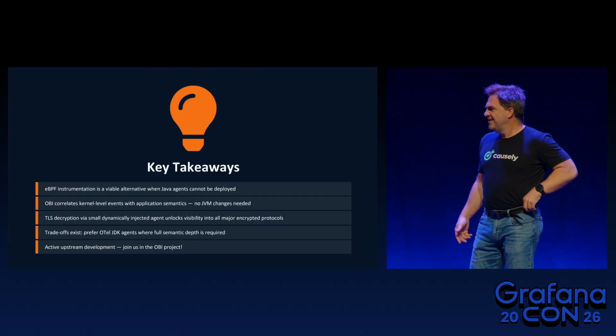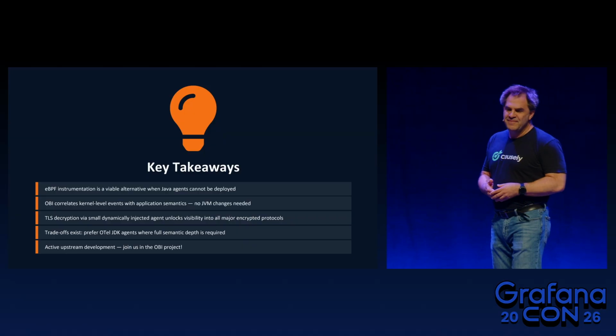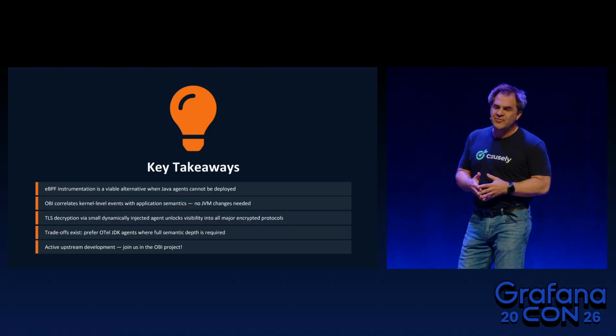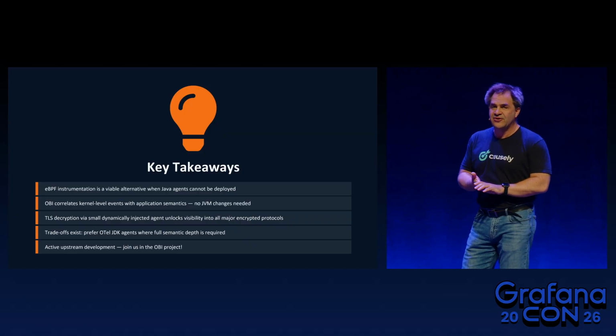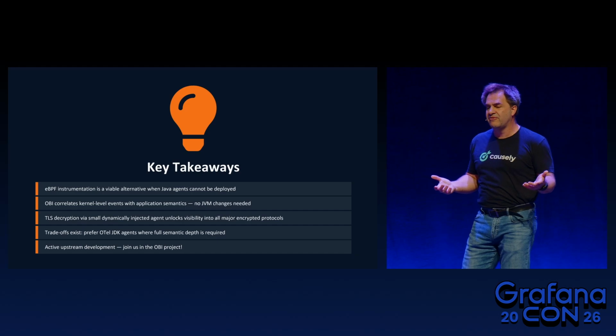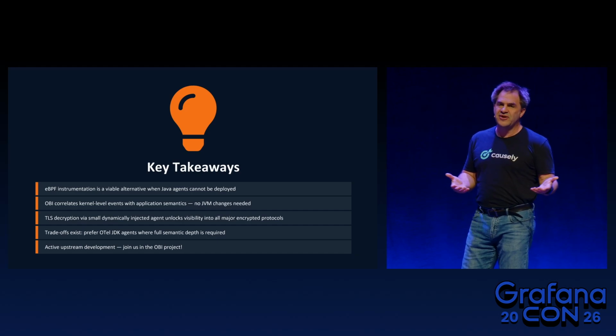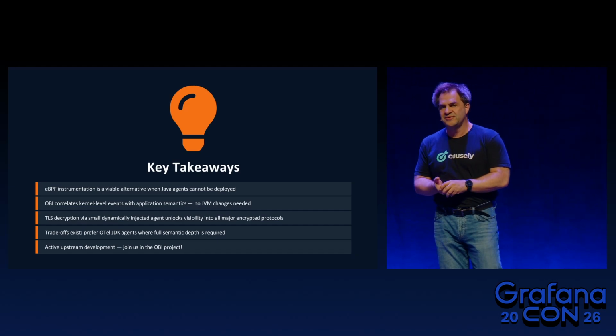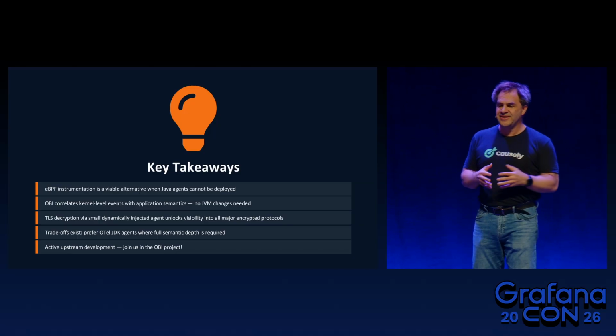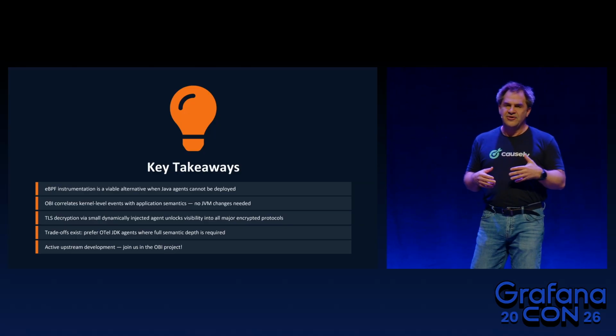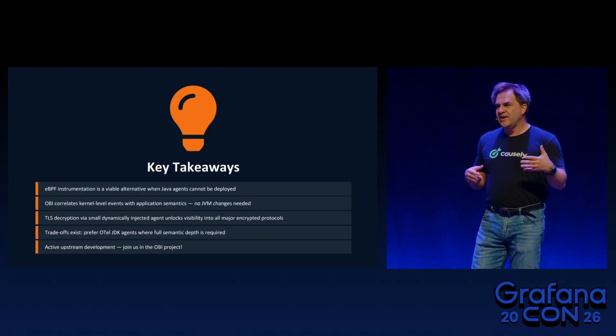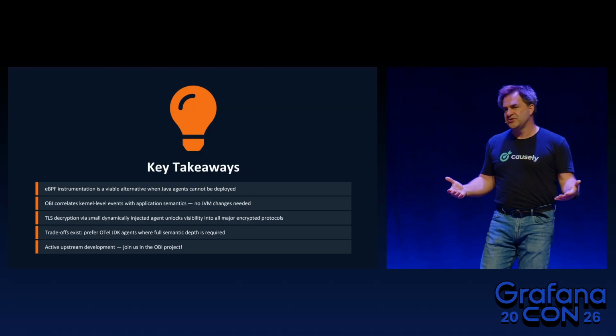So, key takeaways? I think it's an amazing possibility to use Beyla in your environment, especially where you cannot deploy your own Java agent. So try it. It's really cool that it focuses on application instrumentation.